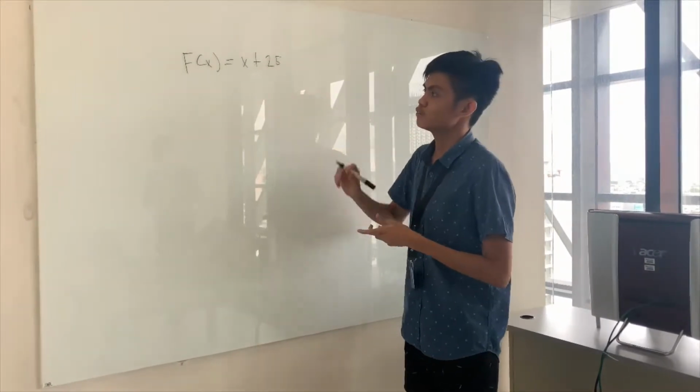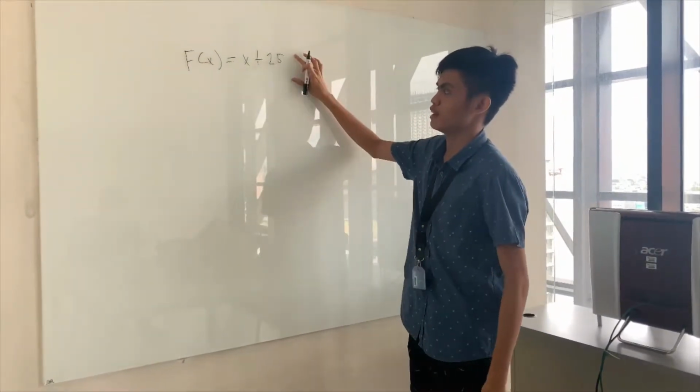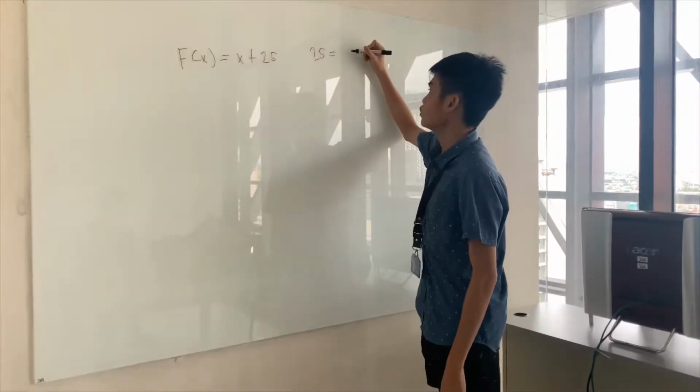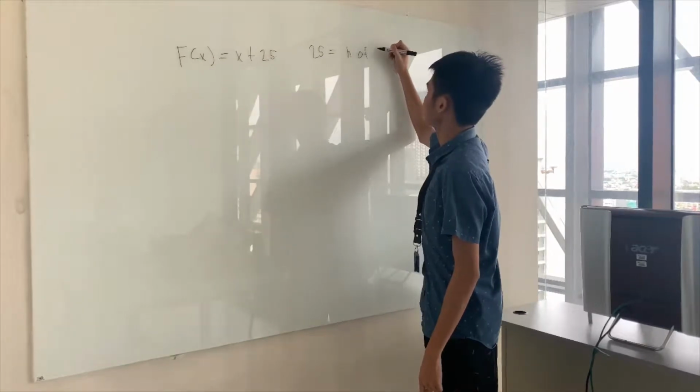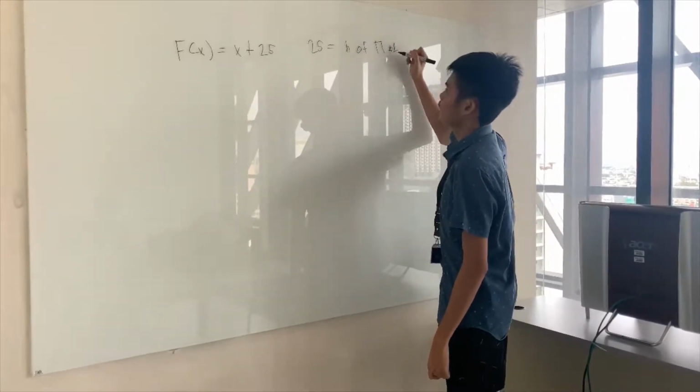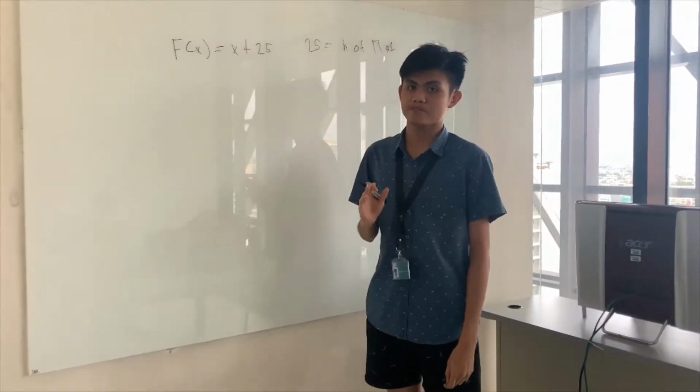So, if you would ask, what are the parameter, the independent and dependent variable of this function? First, the parameter would be this 25. The 25 would be the height of building 1. Next would be the independent variable.